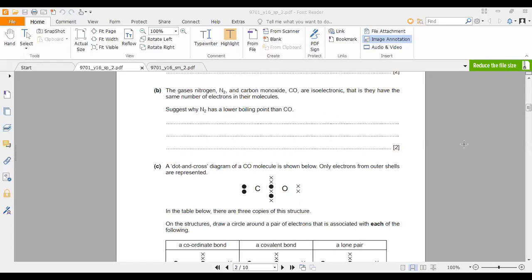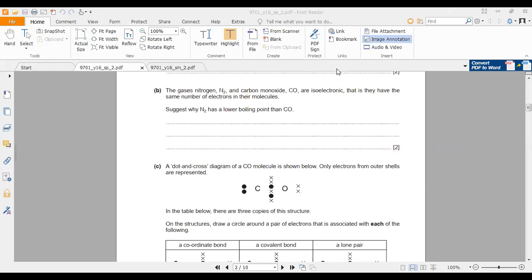You can see carbon monoxide. In question C also they have given a dot cross diagram for carbon monoxide. From this one you can easily understand that carbon monoxide is a polar molecule, right? Carbon monoxide is polar because the electronegativity of carbon and oxygen are different, whereas in nitrogen molecule we have 2 nitrogen atoms and their electronegativity are same.